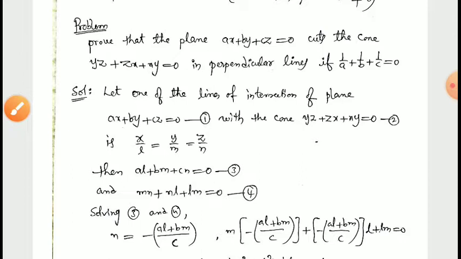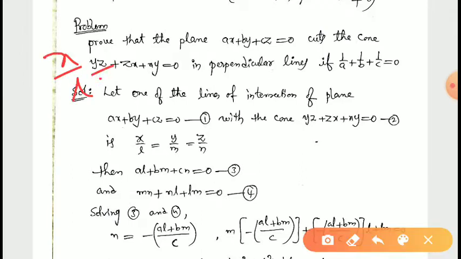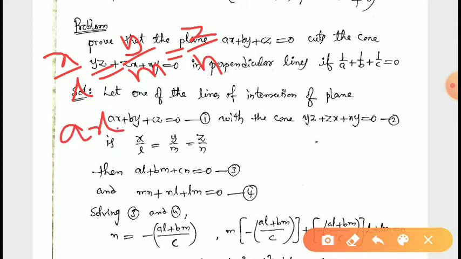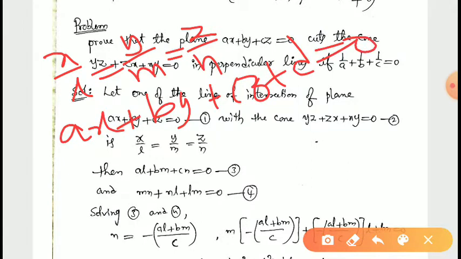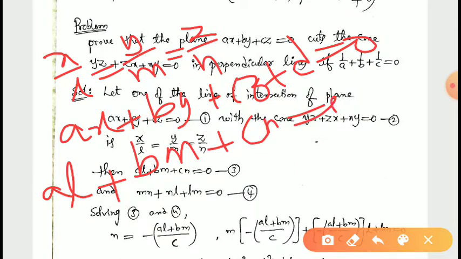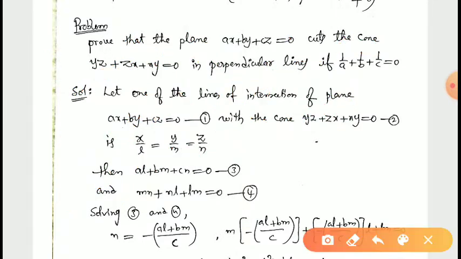As I said earlier, if x by l is equal to y by m is equal to z by n lies on the plane ax plus by plus cz plus d is equal to 0, then we must have al plus bm plus cn is equal to 0. Therefore, we must have this.